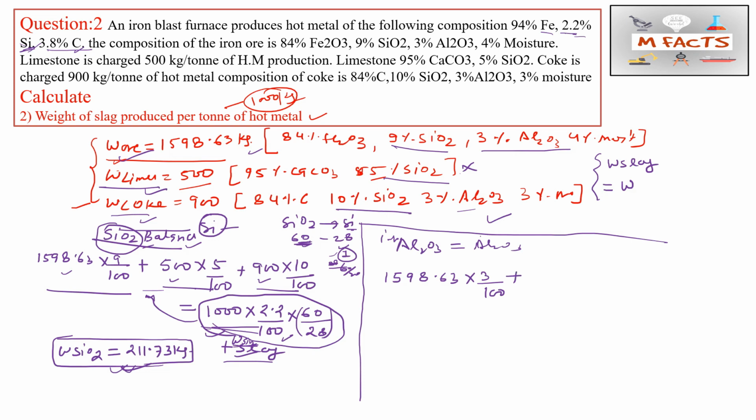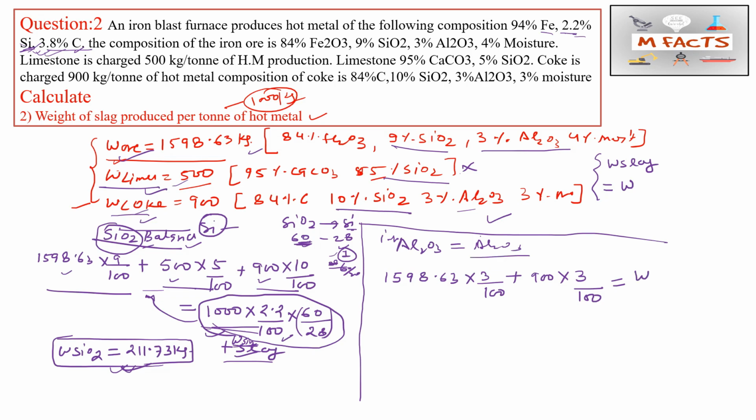And in limestone there is no Al2O3. In coke there is Al2O3. So the weight of coke is 900, and in that coke we have 3% of Al2O3. That's why we wrote 900 into 3 by 100. In hot metal on the output side, there is no aluminum or alumina. That's why all the alumina will go into the slag.